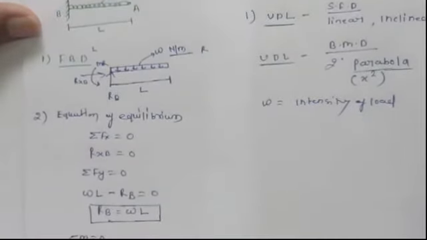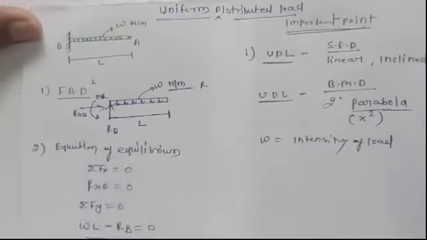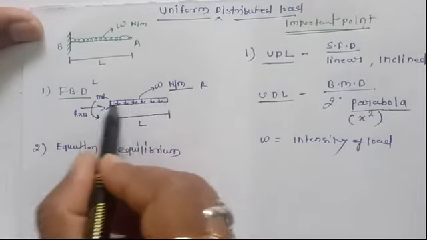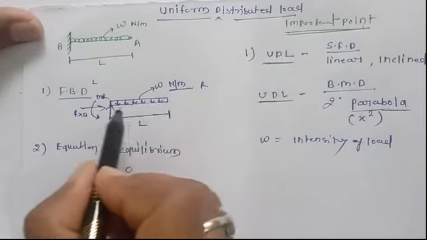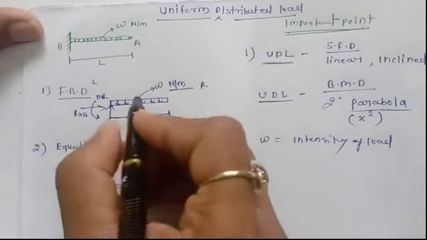That force is W into the length L over this total span L. But one very important thing we have to consider while calculating this moment equation or bending moment diagram: we know that this is a uniform distributed load, and the whole mass of this uniform distributed load acts at the center. This is very important for this UDL case.